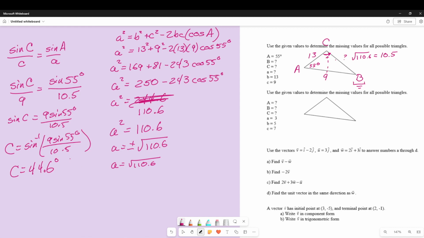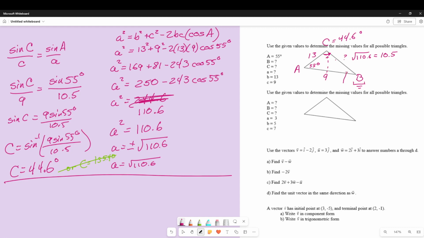Now it's also, of course, going to give us C equals 135.4 degrees, but because we know it has to be acute, we get to ignore that, because we were looking for the acute one. If we were finding angle B, we wouldn't know which one to use, and that can be problematic. So we know this C is 44.6 degrees.